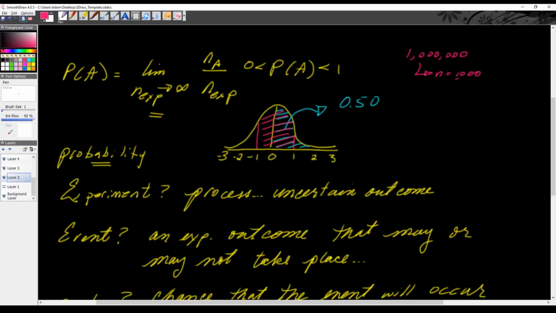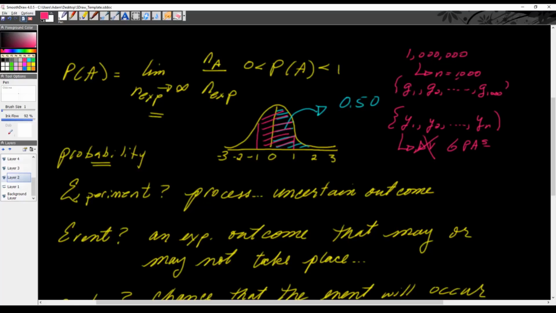So the set of y1, y2, all the way through yn. And we sometimes think of y as the dependent variable. Don't. In this case, y is just some variable. In our example, y is grade point averages. So if we have a sample of 1,000 GPAs, we'd have GPA 1, GPA 2, all the way through GPA 1,000.